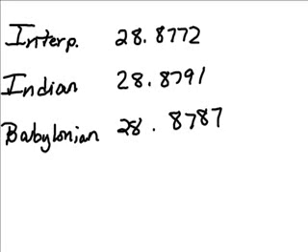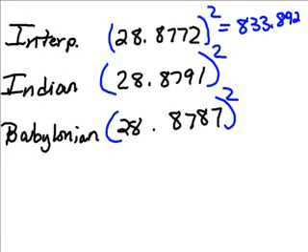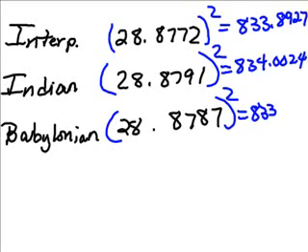But what's also very interesting is that if you go ahead and square these numbers to see which one comes closest to 834, the interpolation gives us 833.8927, the Indian method gives us 834.0024, and the Babylonian method gives us 833.9793.